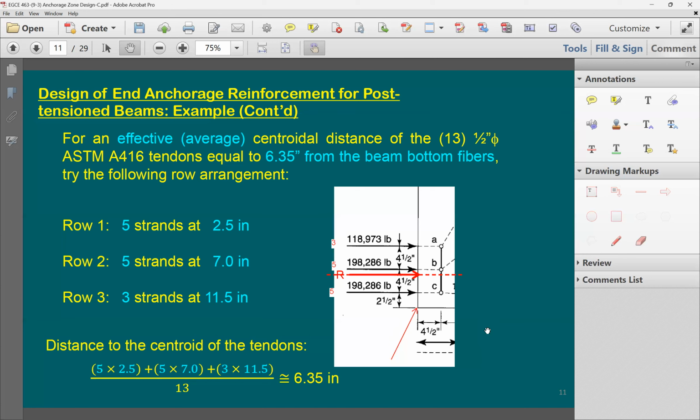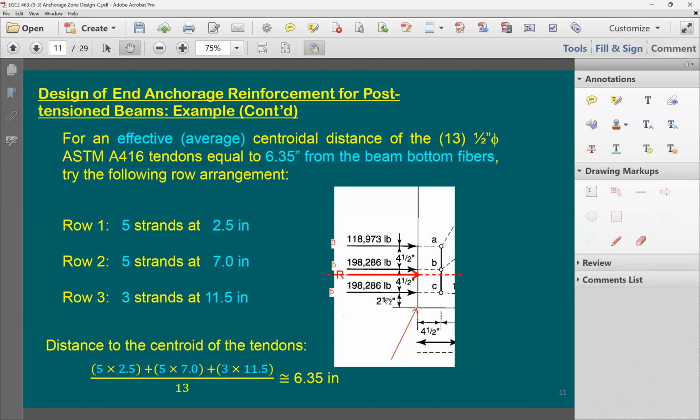So first, the moment due to the strands. I'm going to have here 5, which is 198. Instead of saying 198, I can just simplify and say 5 strands, because it's going to be 5 times F for 1 strand, also 5 times F for 1 strand, and 3 times F for 1 strand.